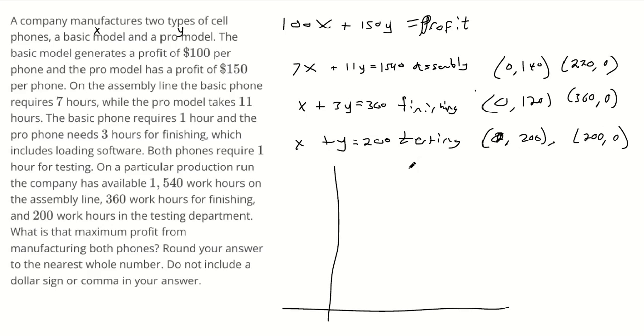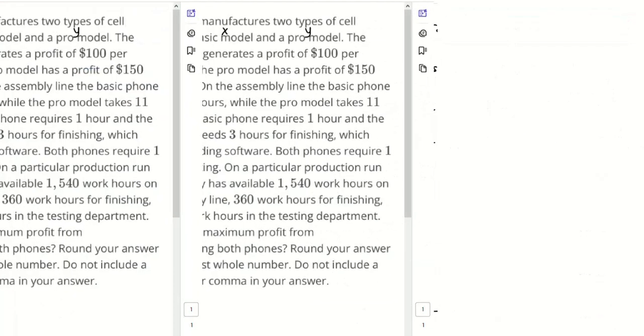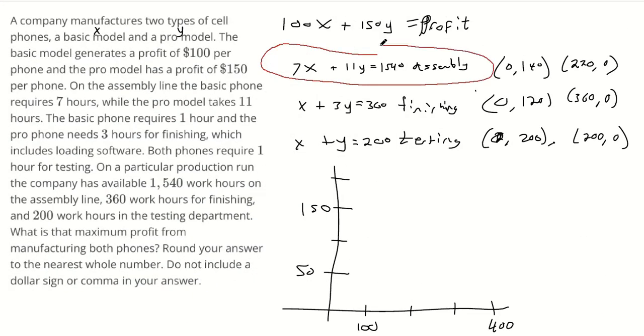So it looks like 360 is my biggest on the x-axis, so let's go by hundreds. 200, 300, 400, so this will be 400. And then for y values, the biggest we have is 200, so let's go by 50s. 50, 100, 150, 200. And we'll graph each of these lines. I'll use a different color. This will be red.